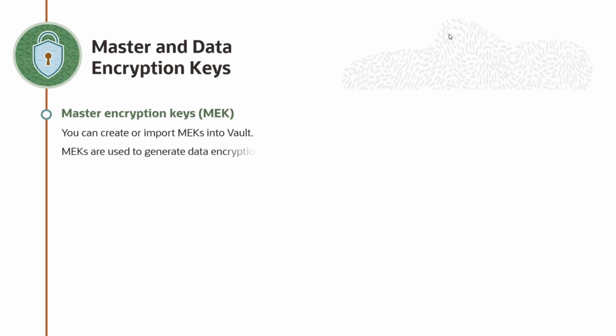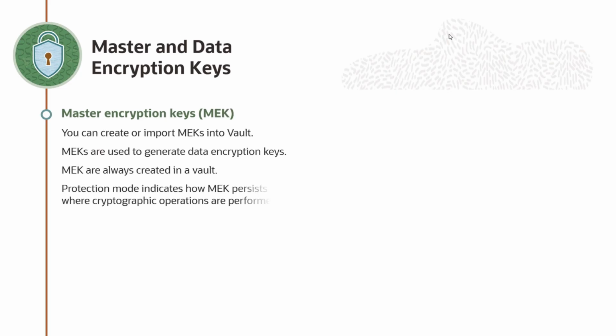Because it's a mouthful, on the slide I have shortened master encryption key to MEK. People also refer to them as master encryption keys. The idea is these are the keys you create or import in the vault. MEKs are used to generate what are called data encryption keys. We'll look into why that's the case.